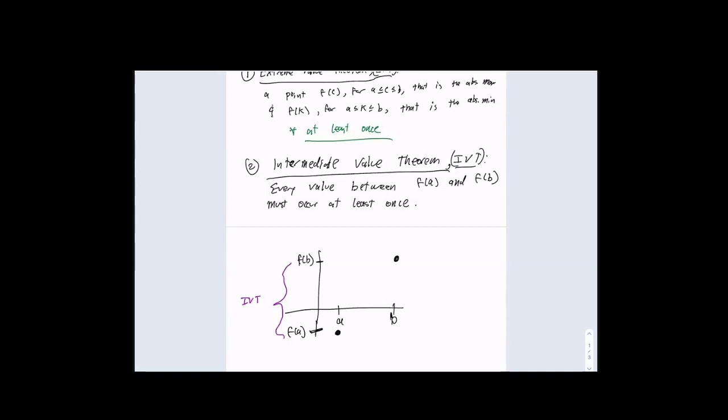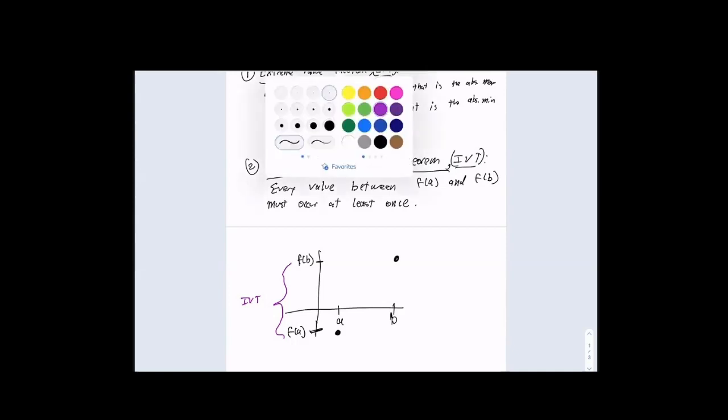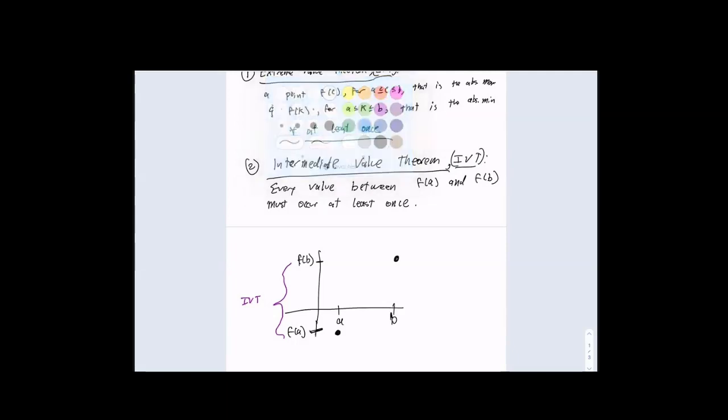It can happen more. So for example, the main usage for IVT is the value of 0, the x-axis. And this is kind of what we had gotten when we talked about relative extrema. If you go from negative to positive, then at some point you had to cross 0.